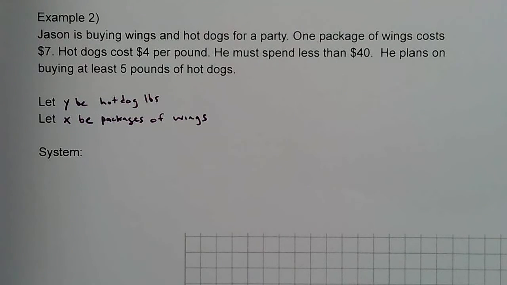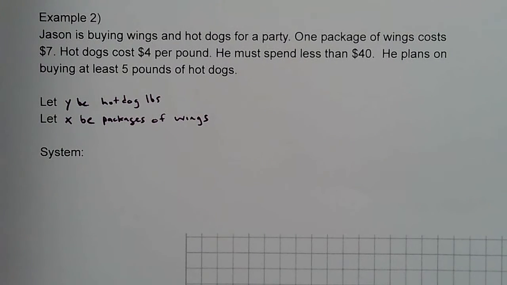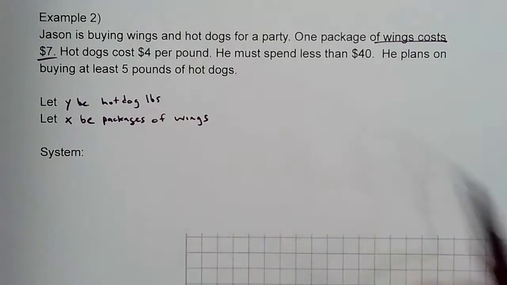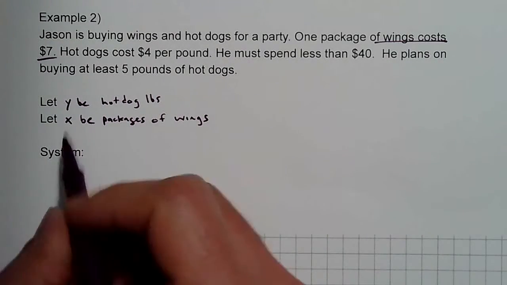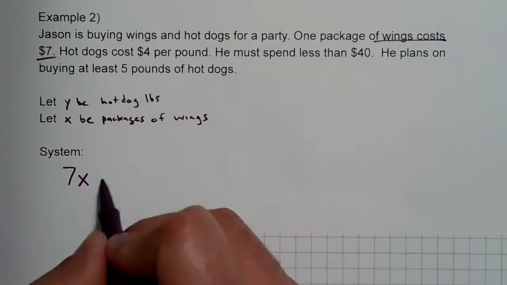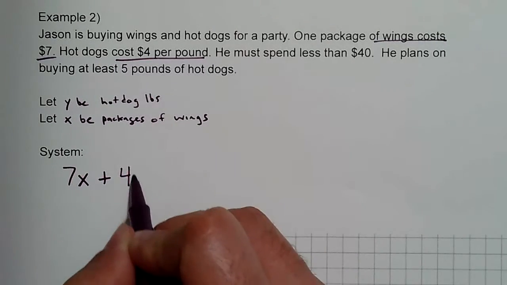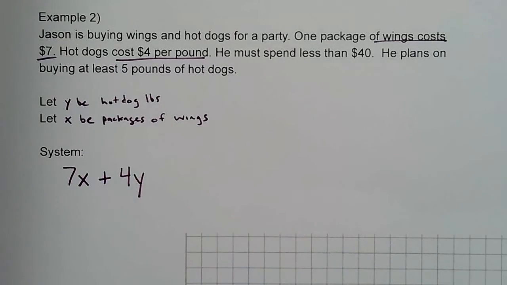Okay, so again, I defined my let statement. I said let Y be the number of hot dog pounds, let X be the number of packages of wings. So let's start with money. Wings are $7. So wings was X, so 7X plus the cost for hot dogs, 4 times the number of pounds, Y, has to be less than 40.